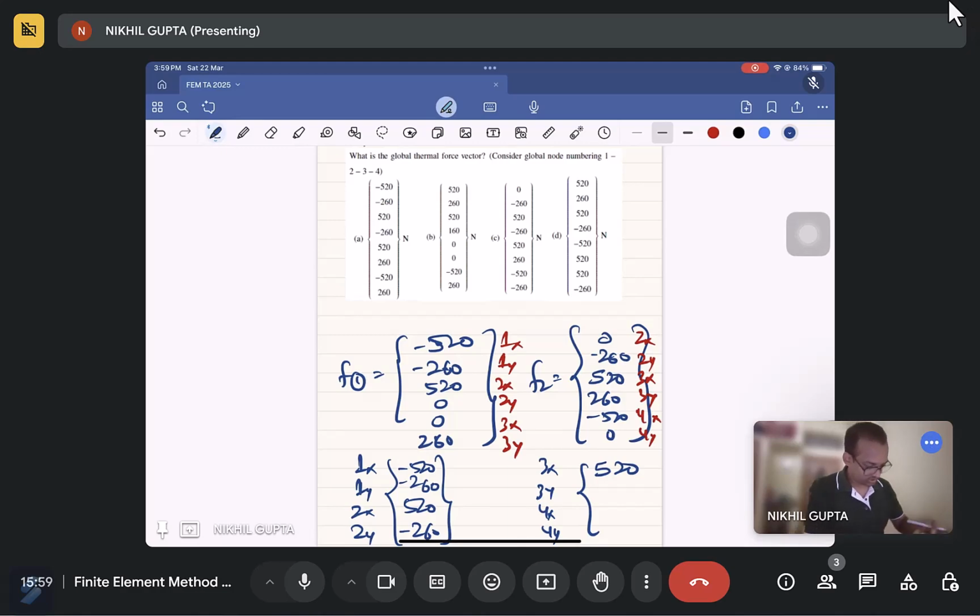Let me check. It is 0, 2, minus 260, 520, 260, minus 520, 0. It is correct. And F1 is minus 520, minus 260, 520, 0, 0, 260. Then what is the problem?